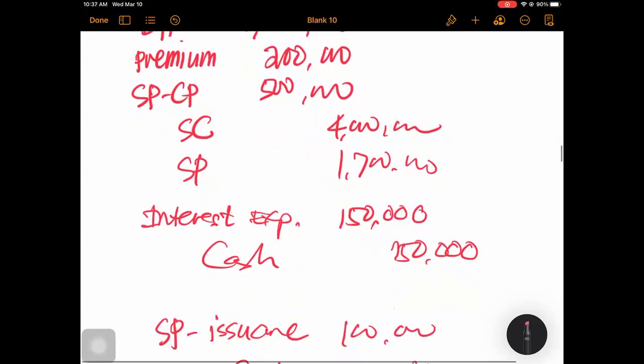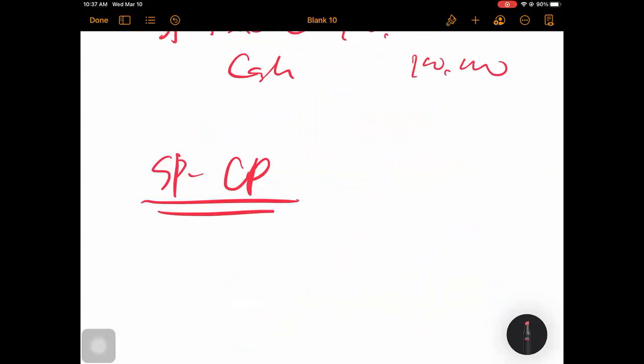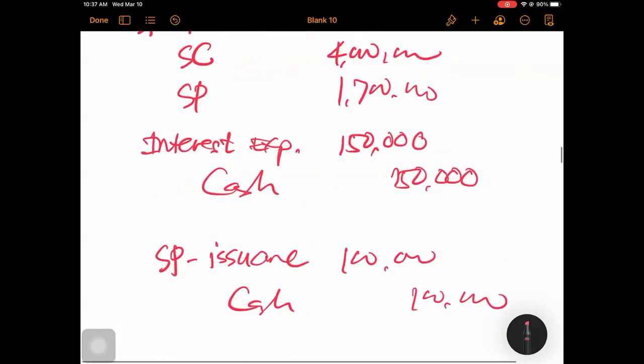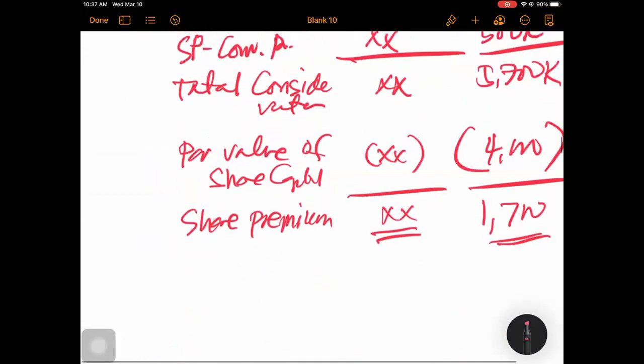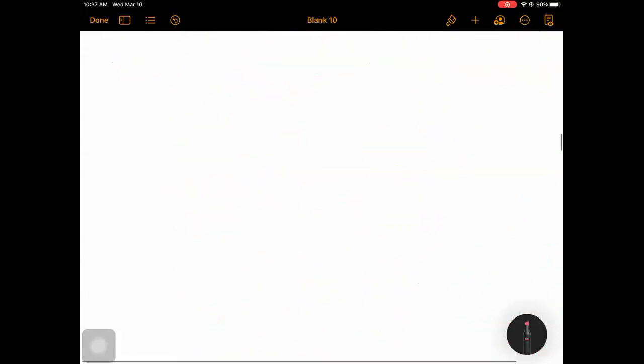Sir, what will happen to the equity component nga share premium conversion privilege if wala nagamit? So, atong i-close kini to your share premium original issuance account. So let's say for example, wala gigamit ang equity component of 500,000.